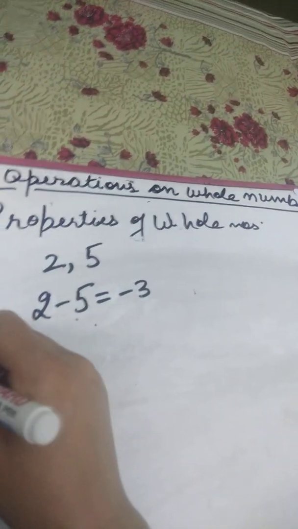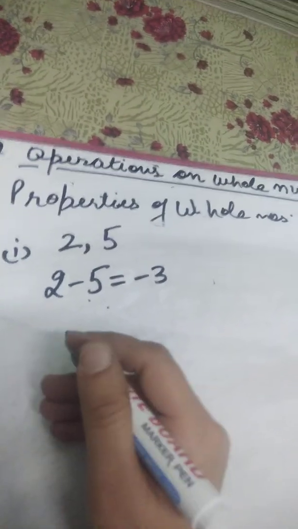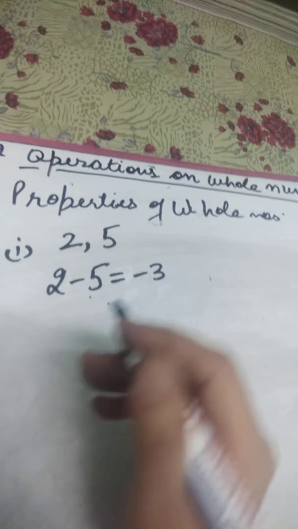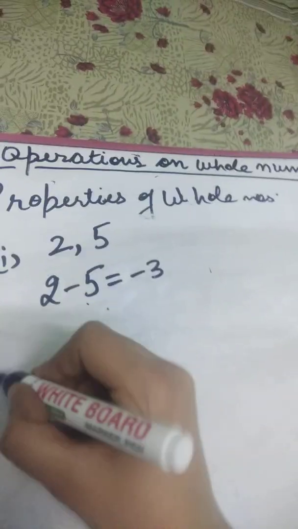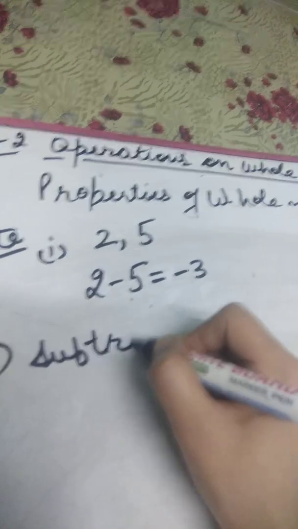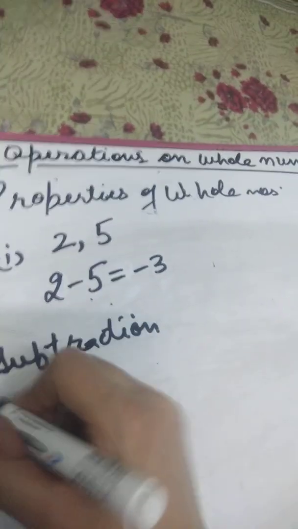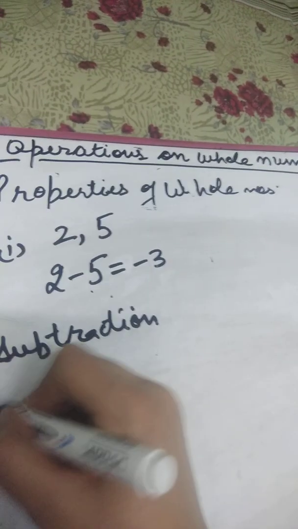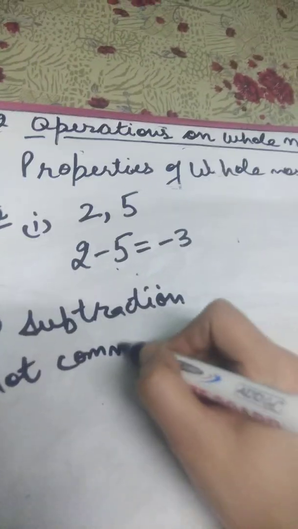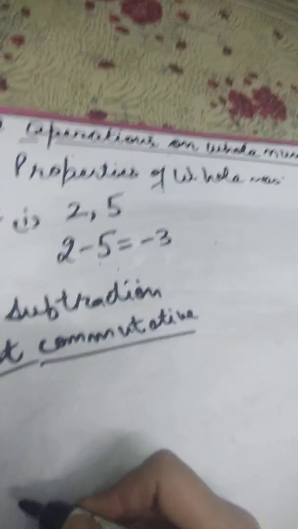So in the note, the second part says that subtraction of whole numbers is neither commutative nor associative. I'll show you by an example. We are now dealing with the subtraction part. It is not commutative. Now recall what the commutative law was.